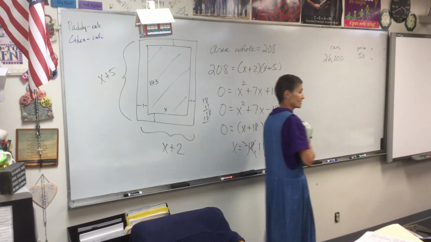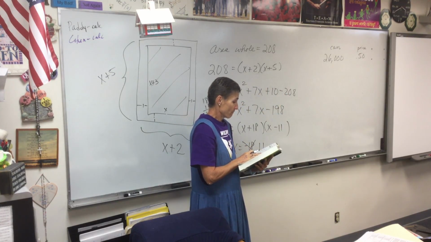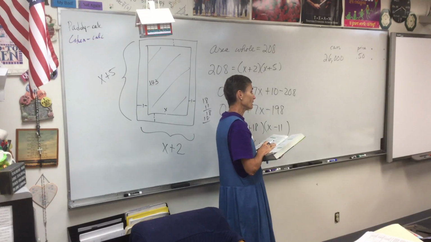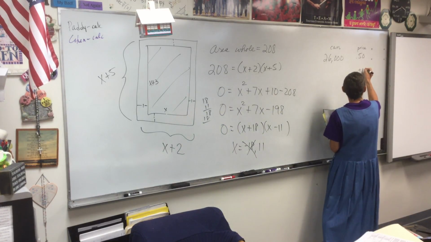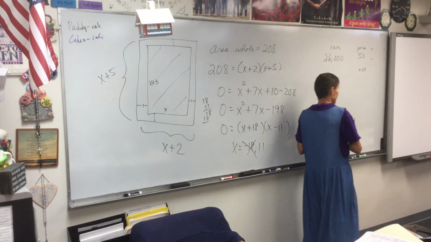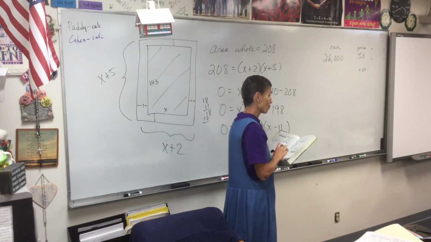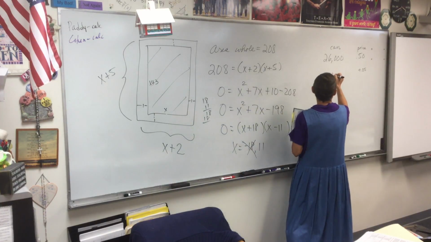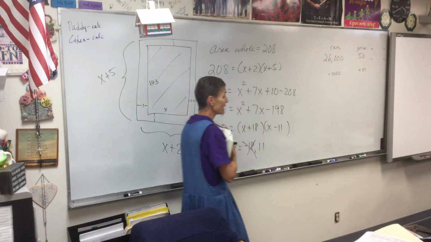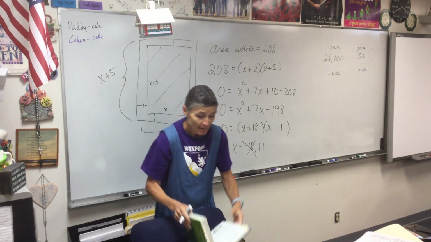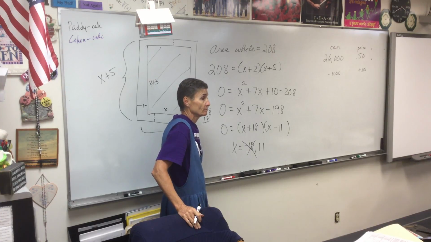That's how it starts. For each nickel increase in price, so every time we raise the price a nickel, sales drop by 1,000. So we lose 1,000 cans every time we raise the price a nickel.